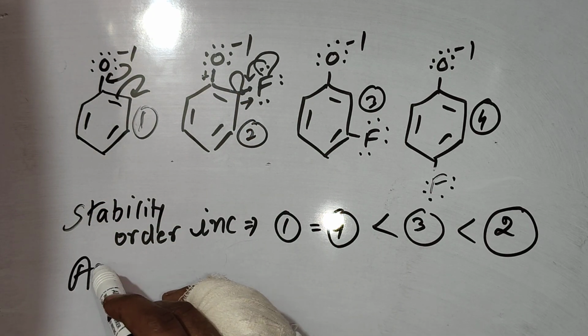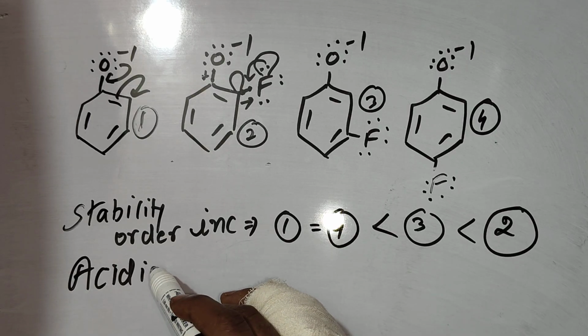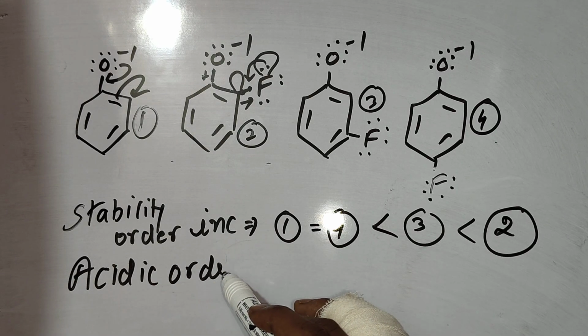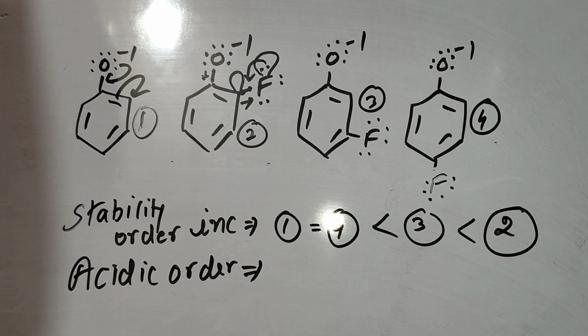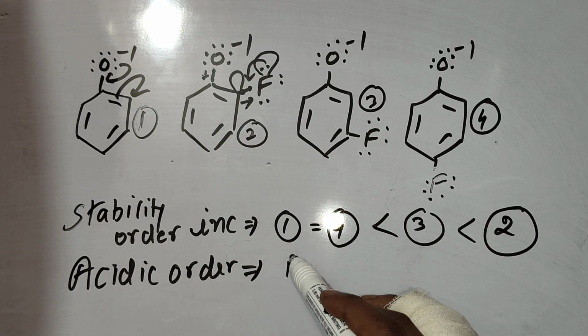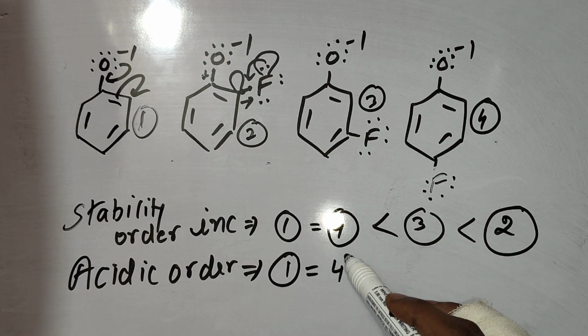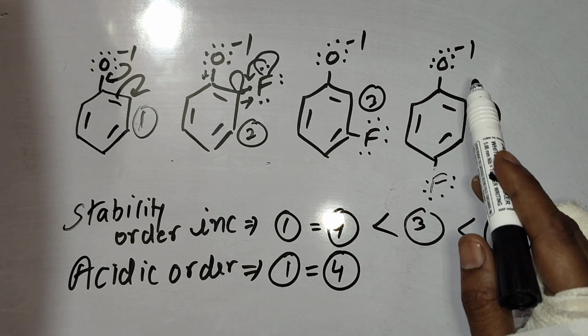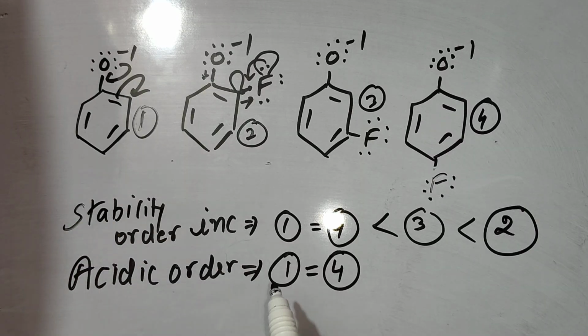That's it. So the acidic order will be, many acidic comparisons we have done, so I hope you now know that the acidic order will be similar to the stability order of the anions. So first and fourth, meaning parafluorophenol and normal phenol, will have almost the same acidity.